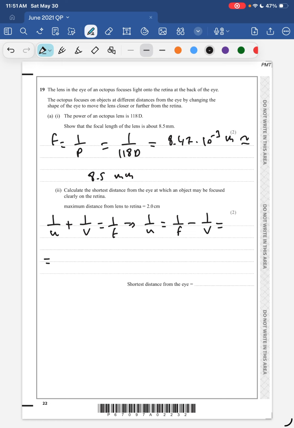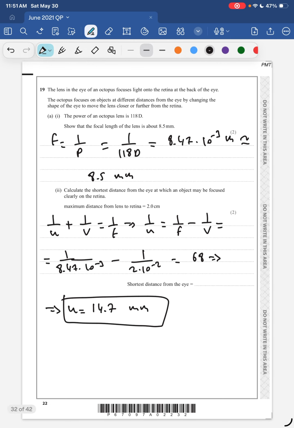And that's the distance where the image has to see it, okay? So 1 over 8.47 times 10 to the negative 3, okay, minus 1 over 2 times 10 to the negative 2, and this yields 68, okay. So if we invert it, we find u is 14.7 millimeters.